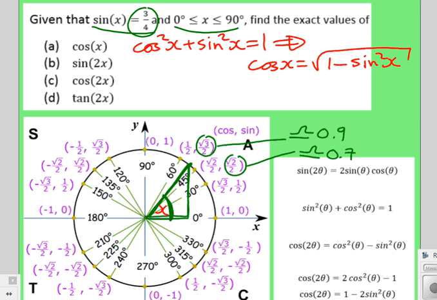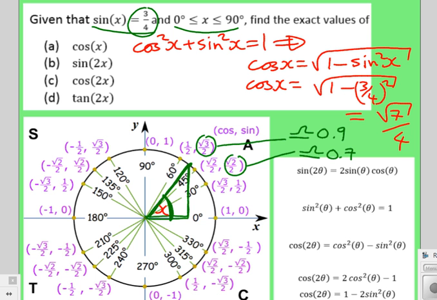So in this problem we have cosine x is the square root of 1 minus 3 over 4 squared, and if you develop the square root there you will find that gives root 7 over 4.